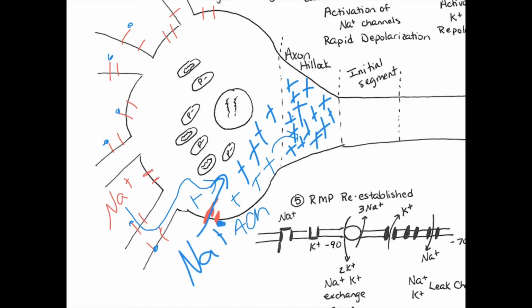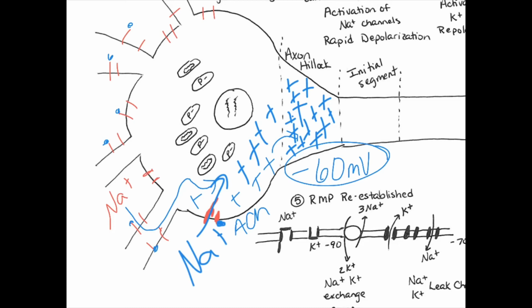The current carries those positive charges down to the axon hillock. And now, to start an action potential, the voltage in the axon hillock is going to get to threshold, which is negative 60 millivolts. That's the charge in that axon hillock, right? Because of all those positive sodium inside the cell.